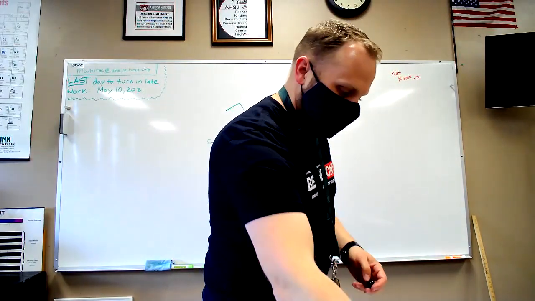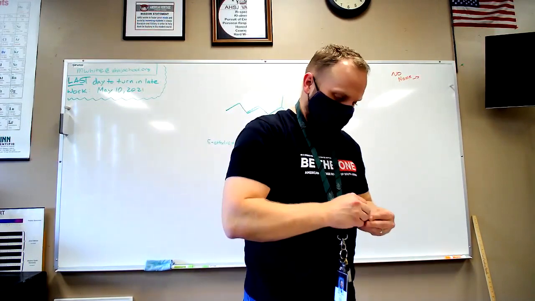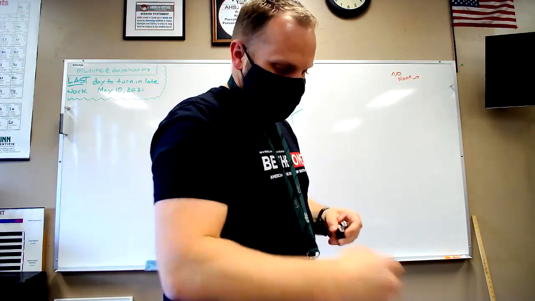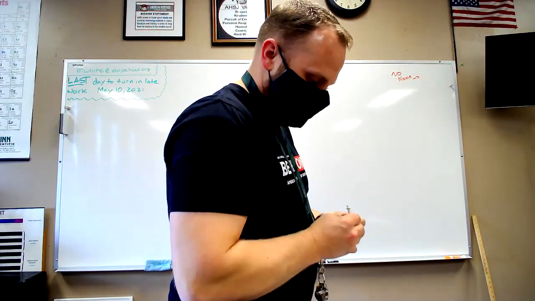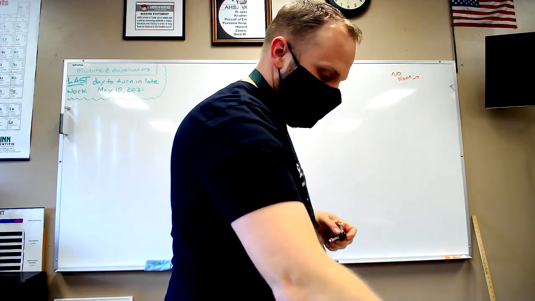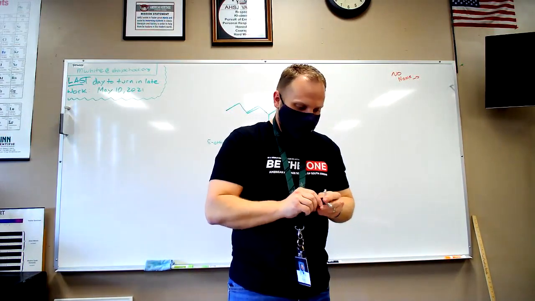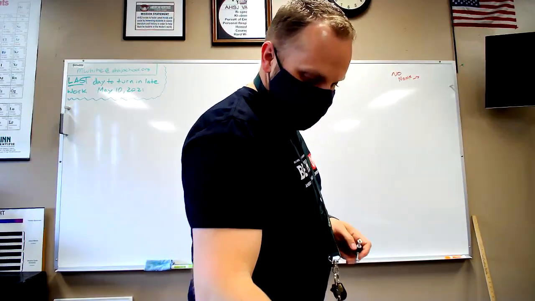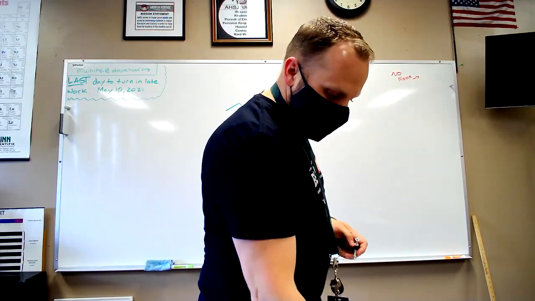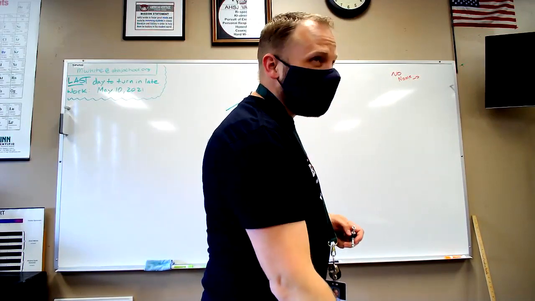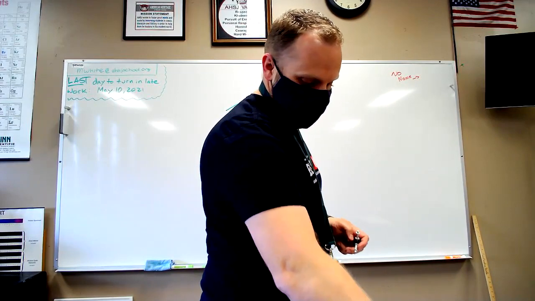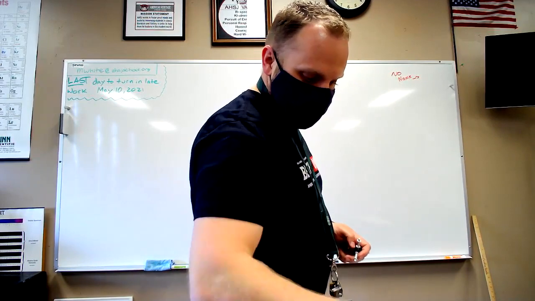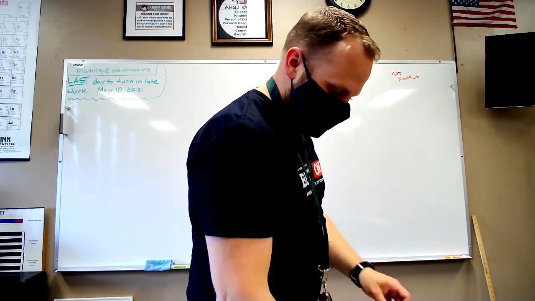What we're looking at when we are dealing with chiral molecules is mirror images, but not just mirror images. We're looking at non-superimposable mirror images. So what in the world does that mean?